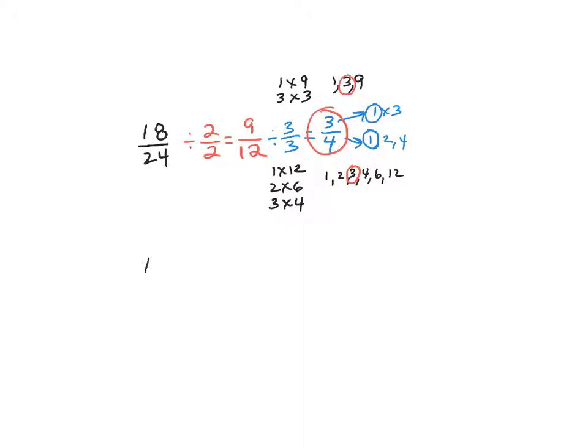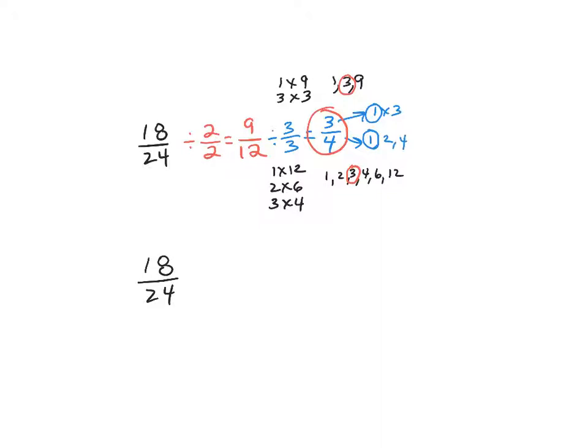I want to do the same problem again, but just a little bit differently. So we have 18/24, and we want to put that in lowest terms. Remember the divisibility rules, and we talked about divisibility rules for 2, 3, 4, 5, 6, 9, and 10. I want to be able to divide this by the biggest number that I can, so I don't have to do more than one step.